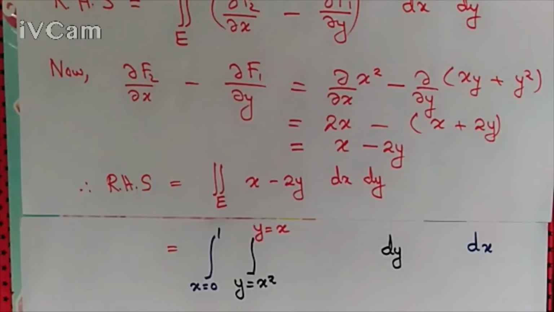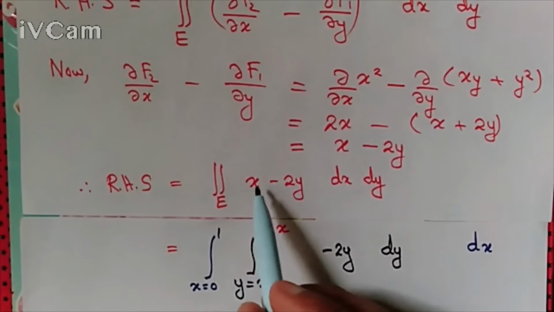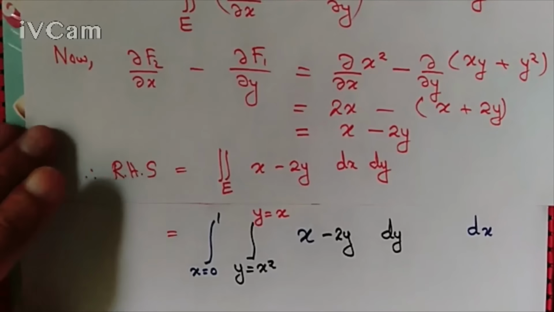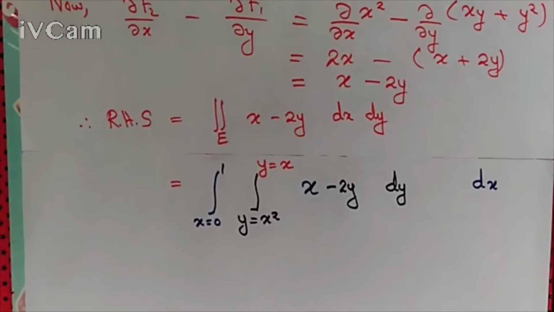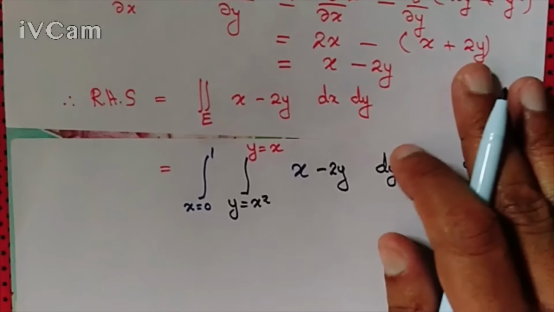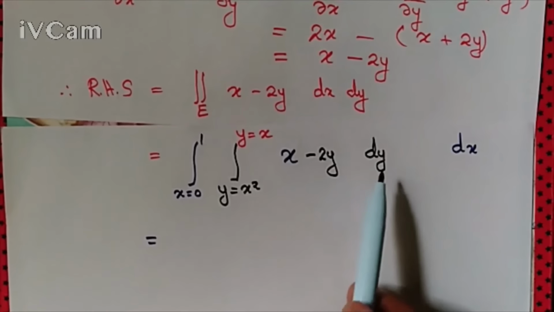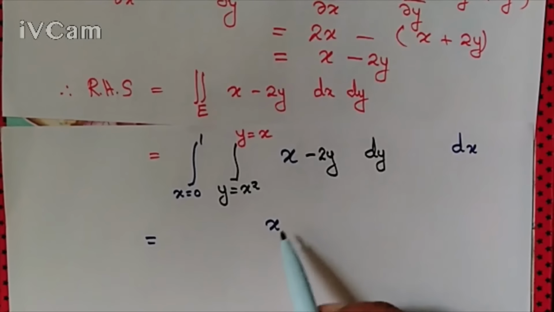So we have the function x minus 2y as it is. If we are integrating with respect to y, then we'll treat x as a constant. So this is equal to integral of x with respect to y is x into y.